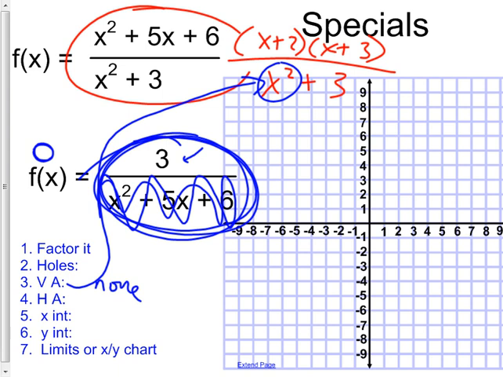Is it possible you could have no x-intercepts? Yeah, it is possible. Okay, so then, in this case, you'd say none for this problem. You can't make this top 0. So if y is 0, you can't figure out any x that would make that happen. So there are none. No x-intercepts.